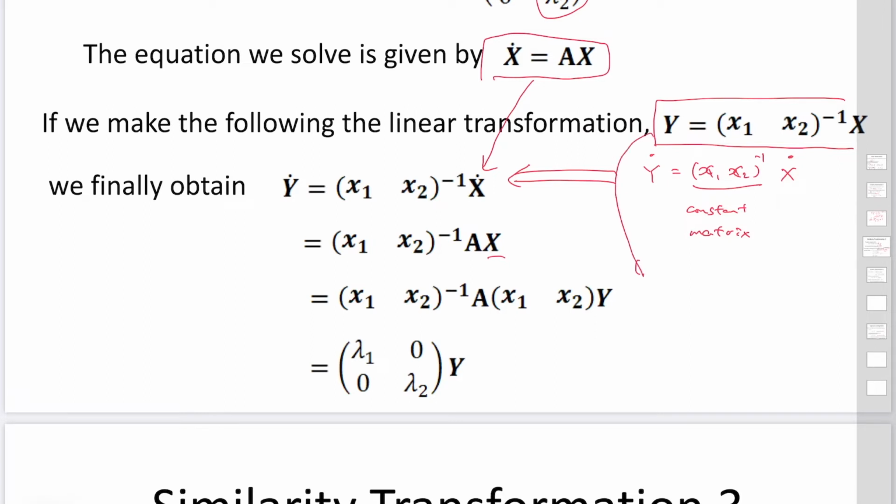If you multiply (x sub 1, x sub 2) by y, it equals (x sub 1, x sub 2) times its inverse times x. This is a unit matrix, so it becomes x. Then you can substitute, and it becomes this.